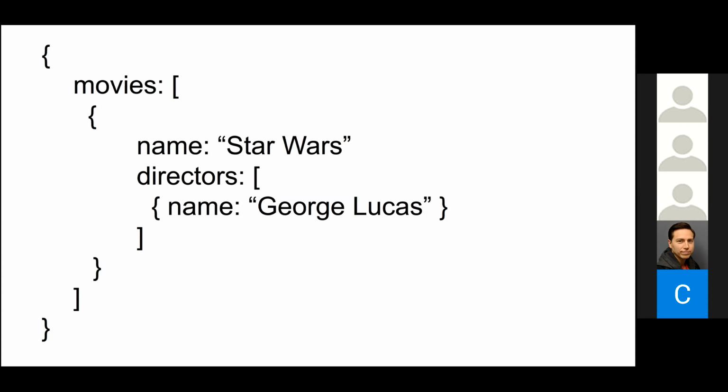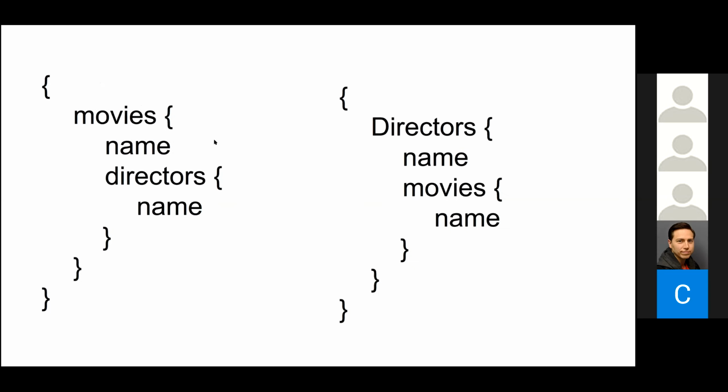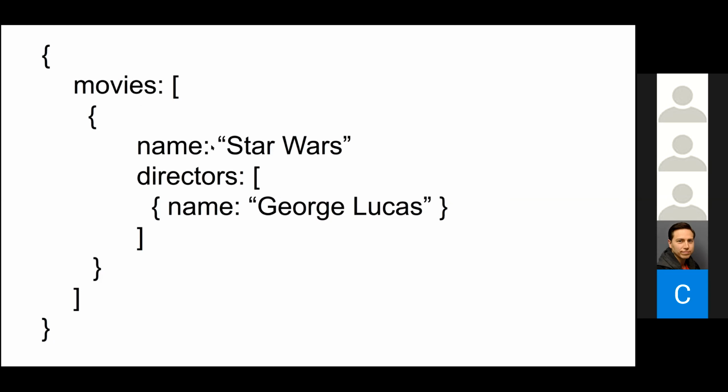But GraphQL lets you say, this is the shape of the data that I want, and provide a textual representation. If you're familiar with JSON, GraphQL is a querying language that looks like JSON without the values filled in.